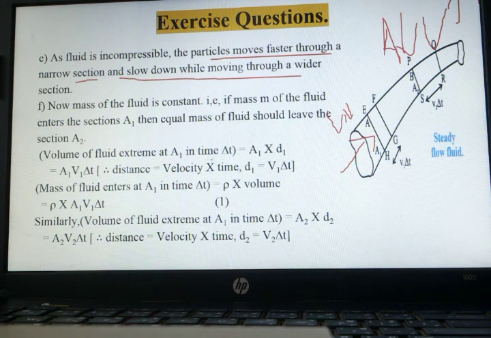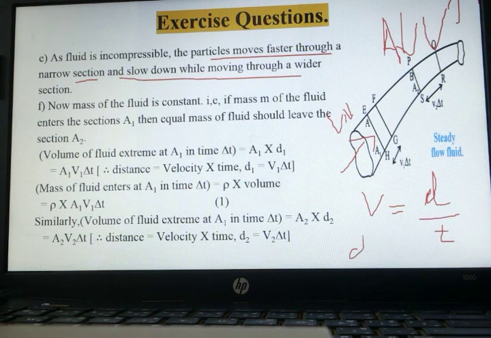So consider the volume of the fluid entering at A1 in the time interval delta t. Volume is what? Length into breadth into height. Length into breadth can be written as area and height can be written as d. So volume at A1 can be written as A1 into D1. But we also know velocity is equal to distance upon time.